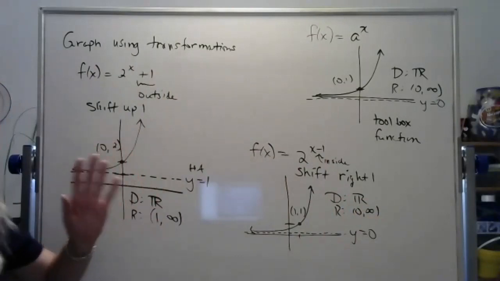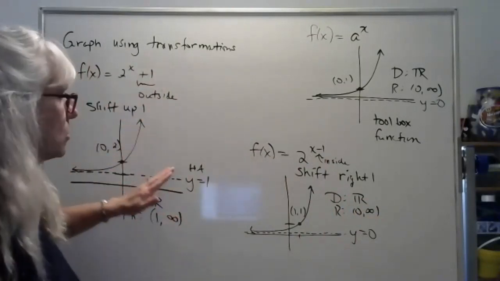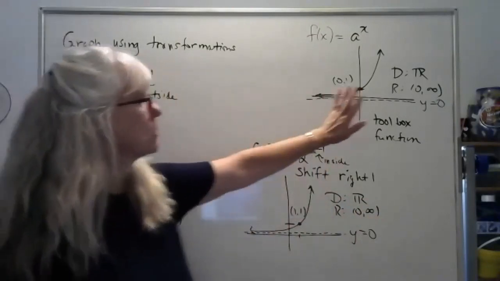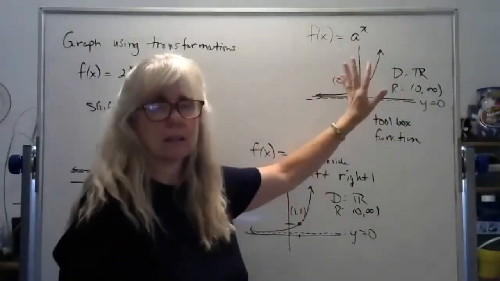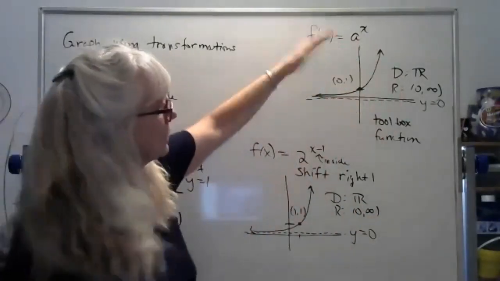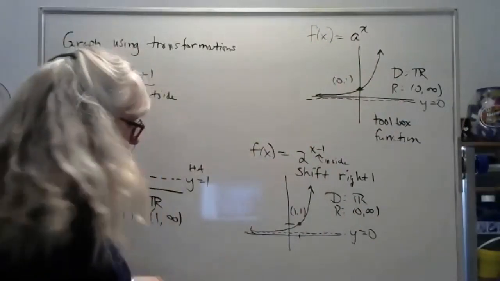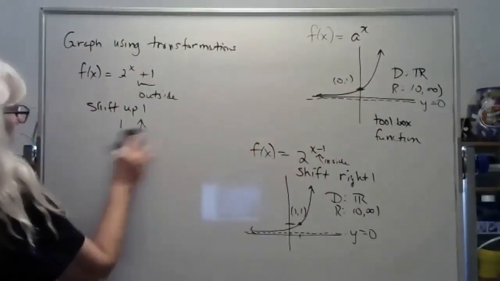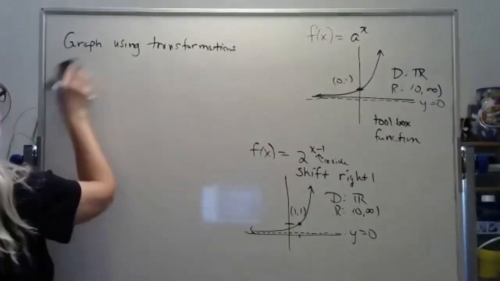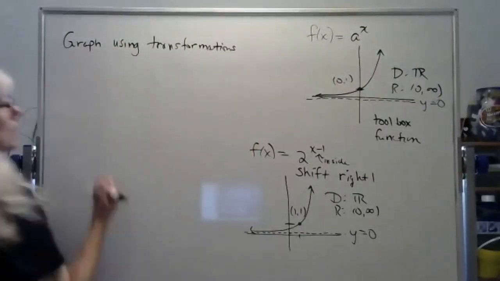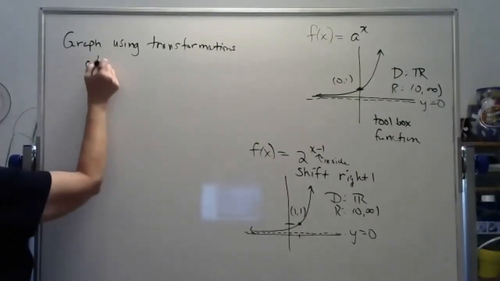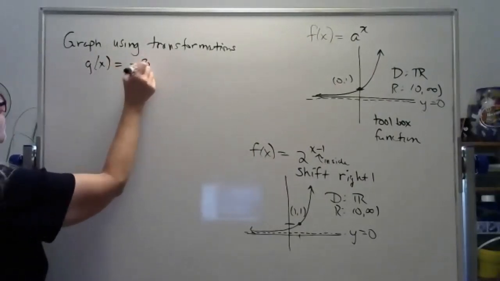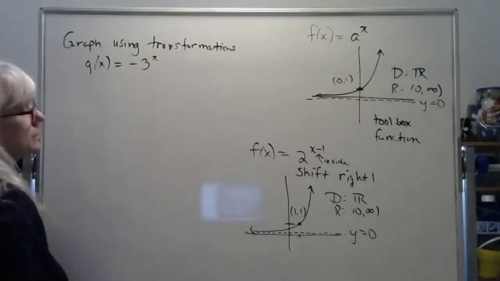Okay, so what we've already done is we've done up or down. We've done left or right. We did a reflection across the y-axis. The only thing left to do is a reflection across the x-axis. So what would that look like? Let's do g of x is equal to negative 3 to the x.